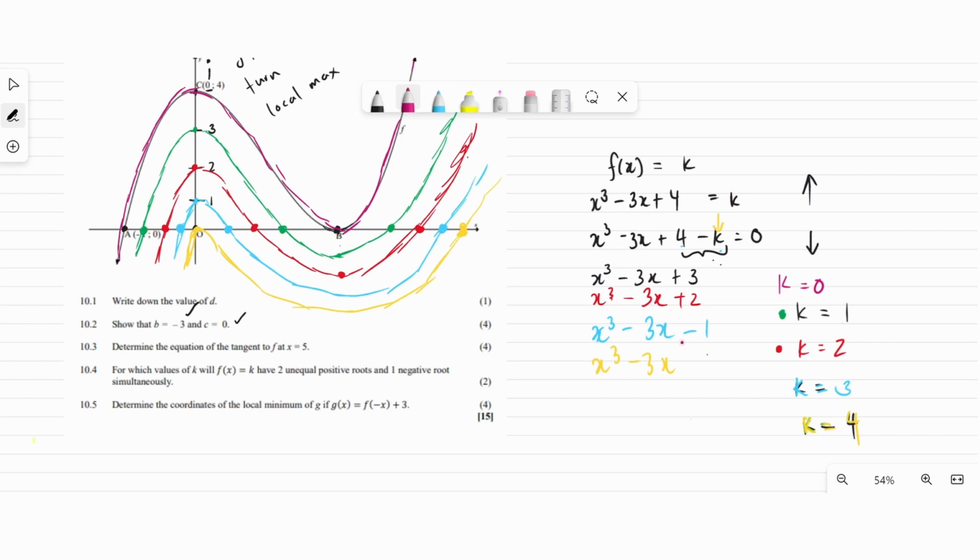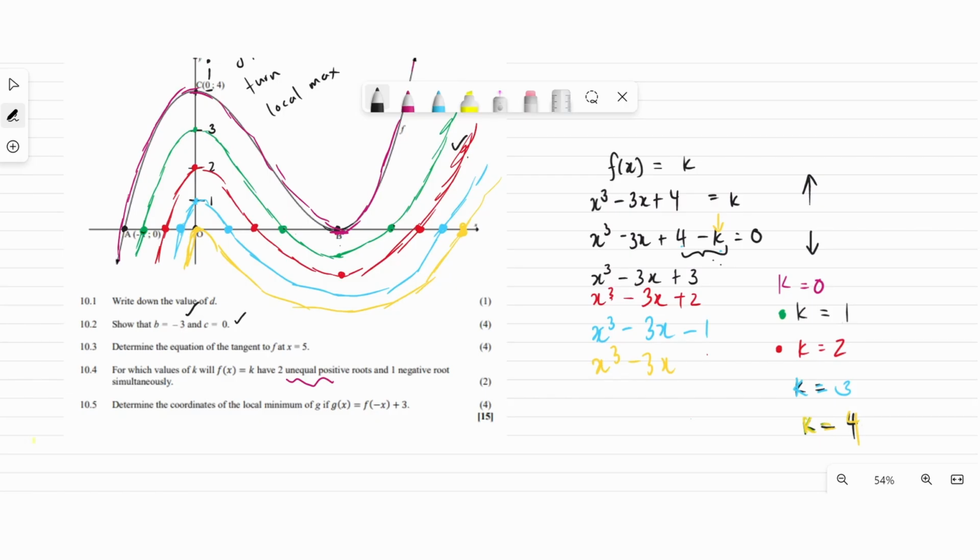But what do we see? When k is equal to 0, we're going to have equal roots here, which is not what we want. And also we're going to have 1 negative root. That's what we want, but the equal roots are not what we want. What we want is 2 positive unequal roots and 1 negative root. We see that green has that. It's 2 unequal positive roots and 1 negative root.